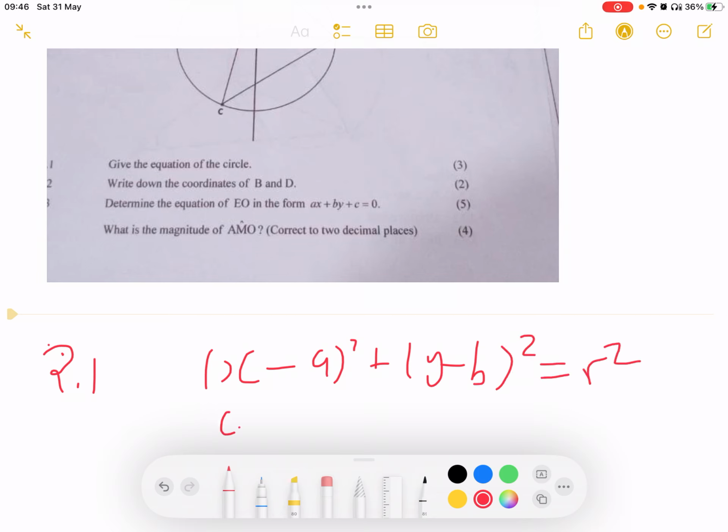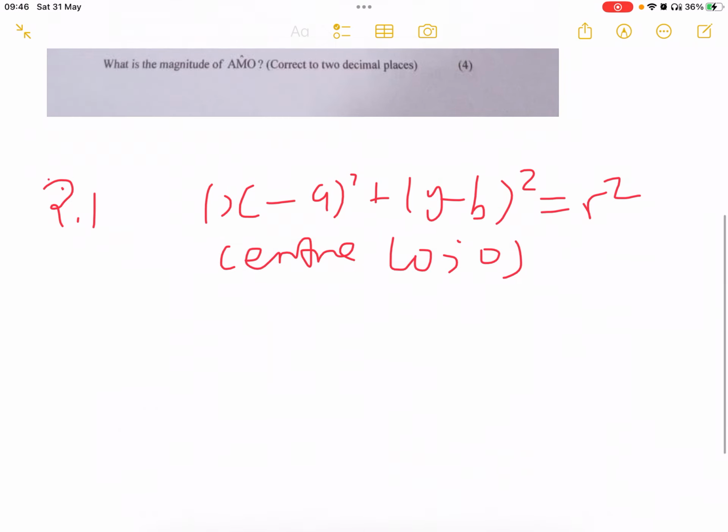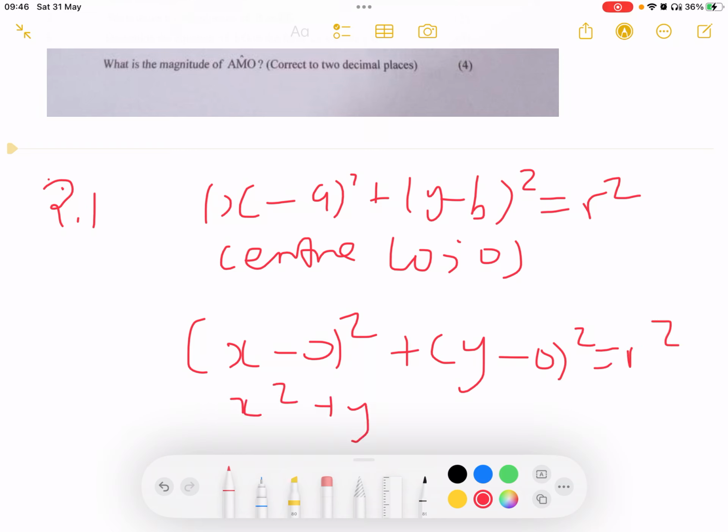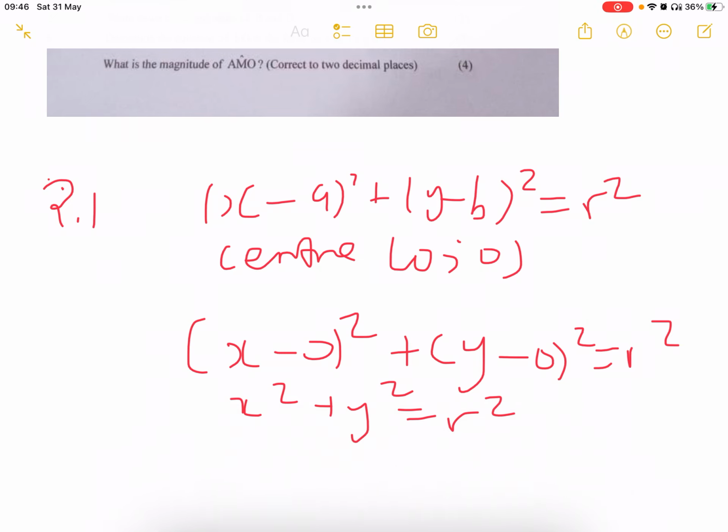Now, if the center is (0, 0), you'll have x minus 0 squared plus y minus 0 squared equals r squared, which means this is just x squared plus y squared equals r squared. That's the general formula of the equation of this circle. Now, the only thing we need to find here is r.